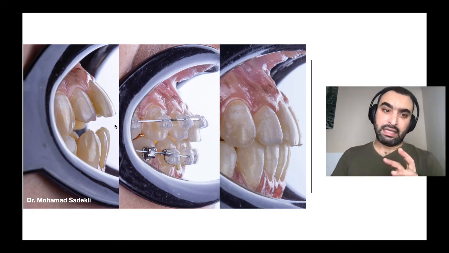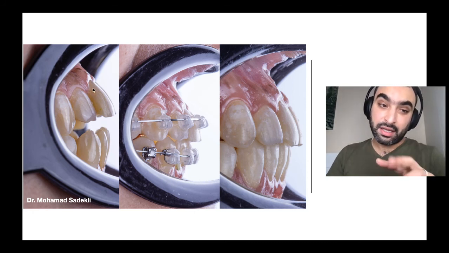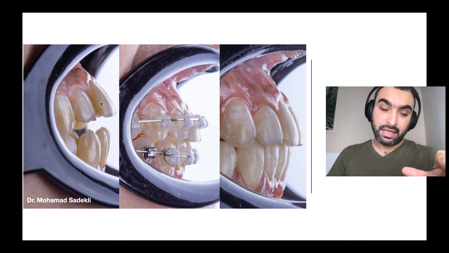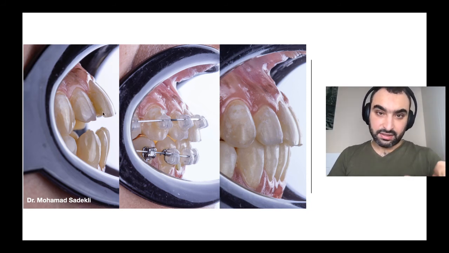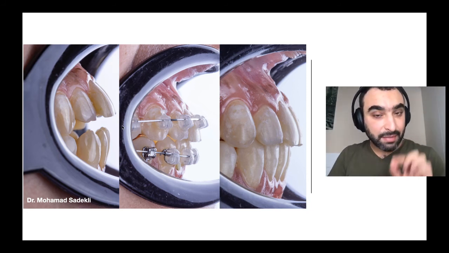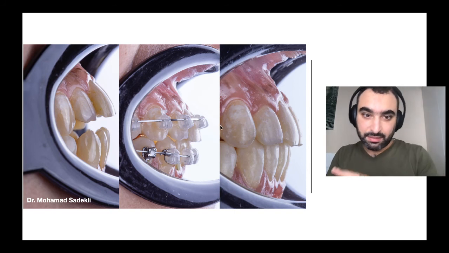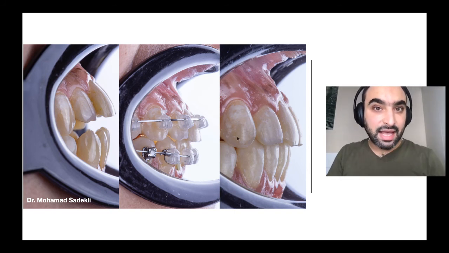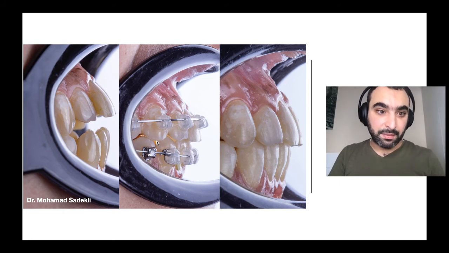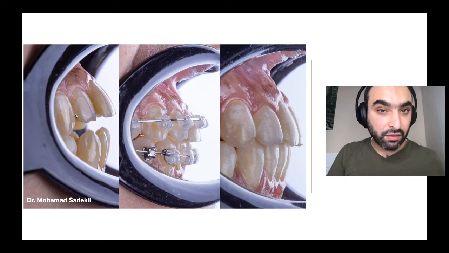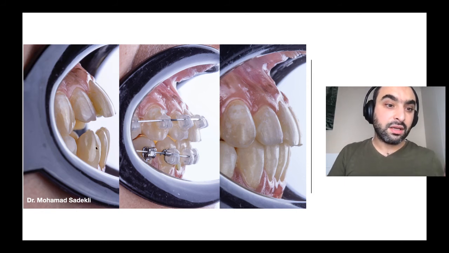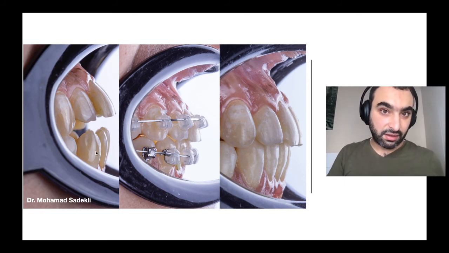Actually, I chose to have some extrusion, or maybe taking the upper incisor down, because of the smile line of the patient. So the smile line of the patient decides which teeth must be moved down or up. If the smile line was good for the patient from the beginning of the treatment, I should move the lower teeth.